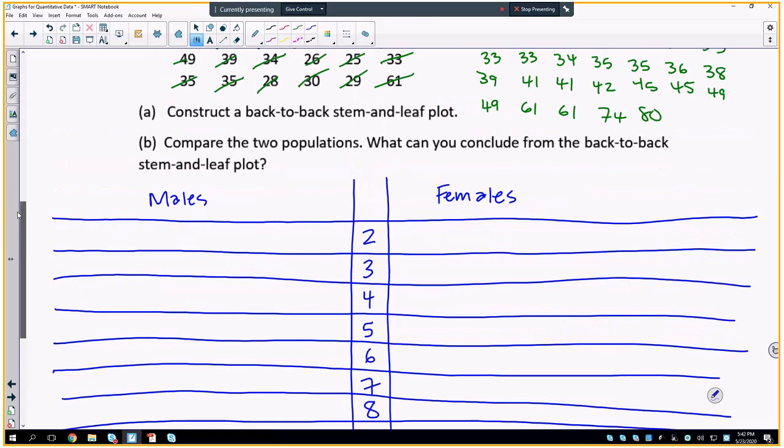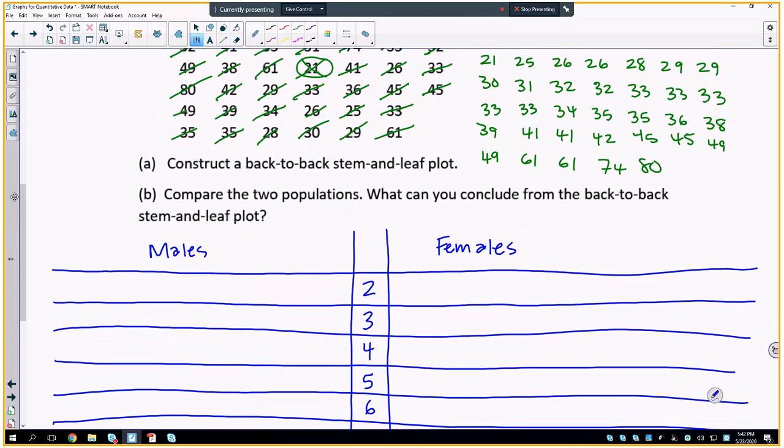And for the females, we just create it like we would a normal stem and leaf plot.